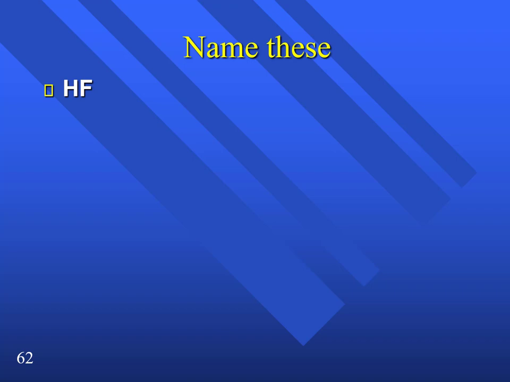So HF, I know this is an acid because it starts with H. I know it doesn't have oxygen, so I can write hydro. I can write hydro because it doesn't have oxygen. The anion would be fluoride, so I'm going to take the fluor.